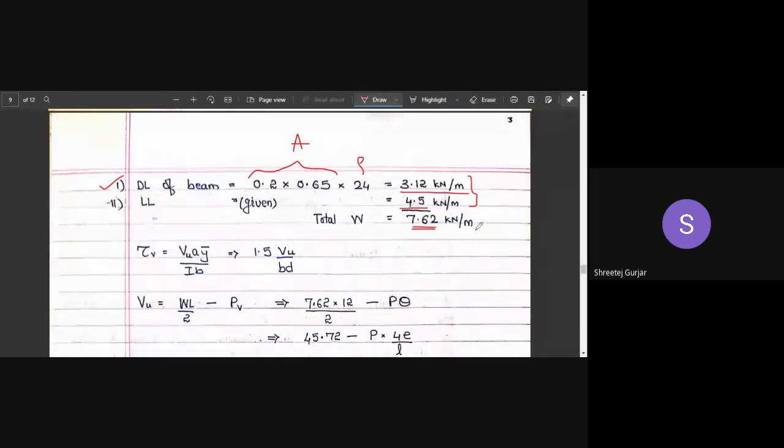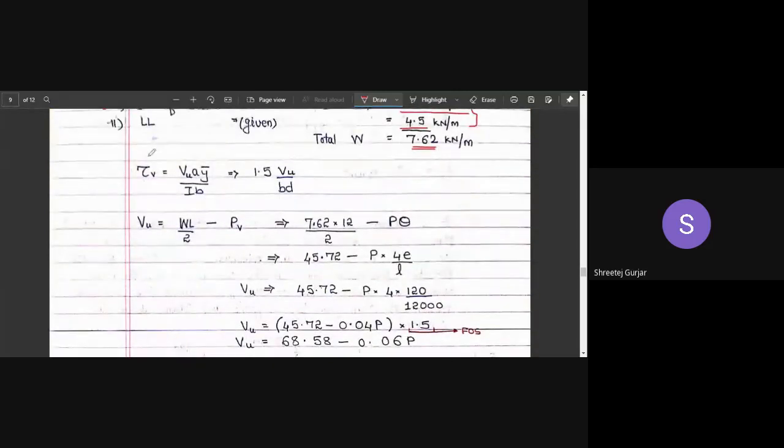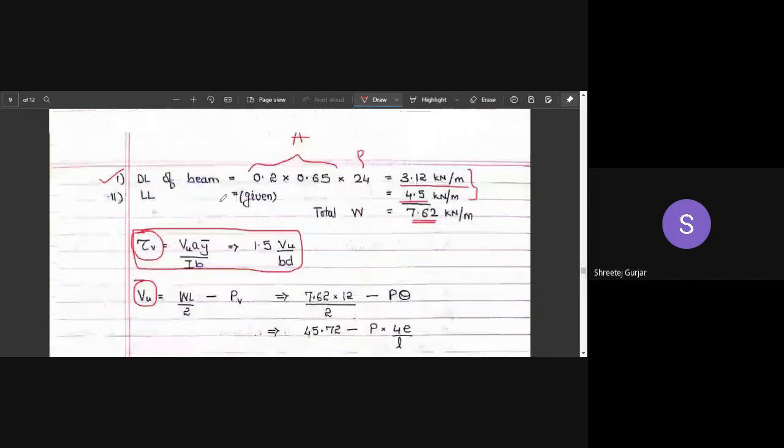Now, tau V we can calculate by this formula or by the second formula. Any formula we can apply. 1.5 VU by BD. You can apply this formula to calculate your tau V. Now, first we have to calculate VU. What is VU at the support? It is WL by 2 minus PV. You have to consider this parabolic tendon.